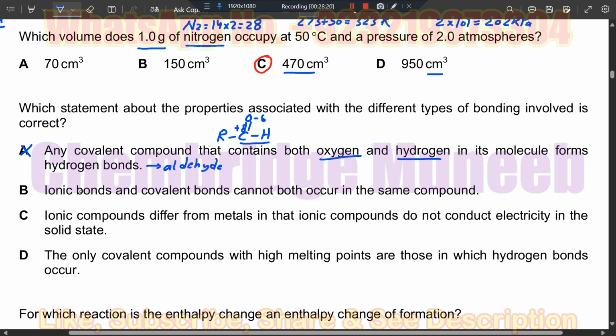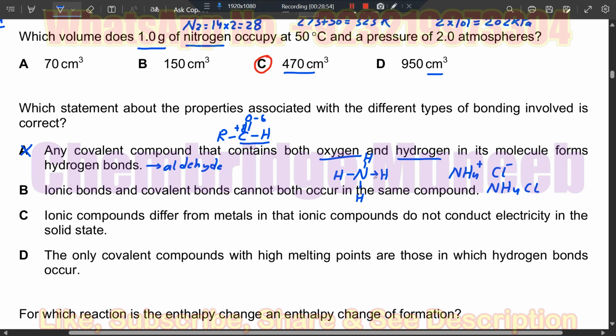The option B means ionic bonds and covalent bonds cannot occur in the same compound. No, that is incorrect, since a compound like NH4Cl is one example in which we have ammonium ions bonded with the chloride ions through ionic bond, and we do have covalent bonding within the NH4, since nitrogen is covalently bonded with 4 hydrogen atoms, although there is one dative bond with one proton.